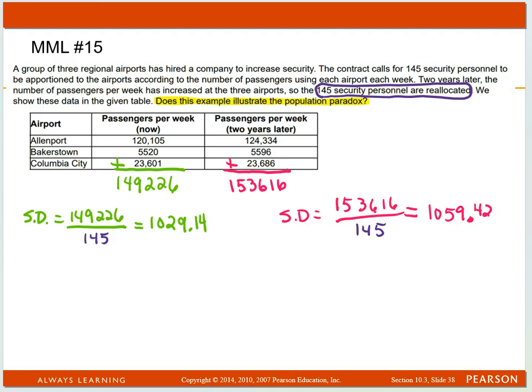It's a group of 3 regional airports, and they have hired a company to increase security, and the contract calls for 145 security personnel to be apportioned to the airports, according to the number of passengers using each airport each week.